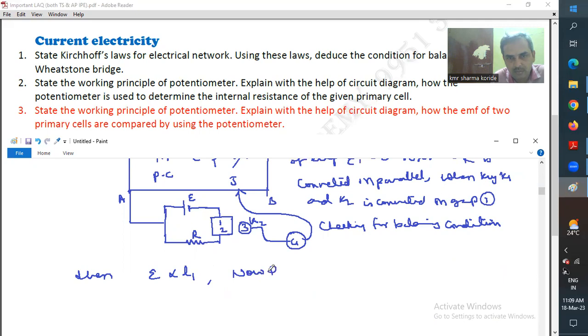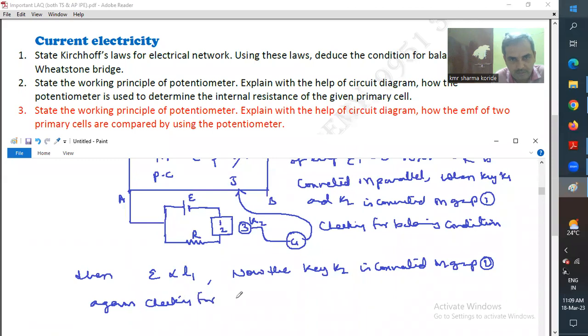Now the key K2 is connected in gap 2, again checking for balancing, checking for zero deflection in the galvanometer.